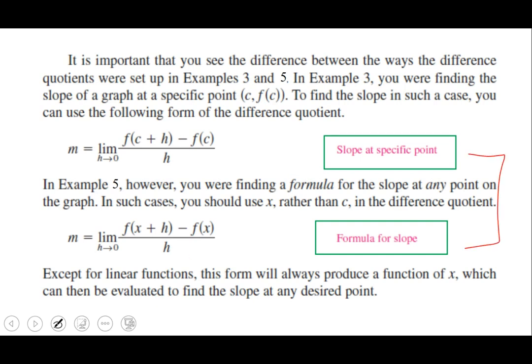The first option is when you're trying to find the slope at a specific point, let's say the point 0.27 or the point 0.84, you would actually use whatever that x value constant is in order to solve the problem. Whereas if they just ask you for the general formula for slope, you're going to leave those x's as actual x's. And if you did virtual homework 19, which I'm sure you did, you'll see that that was kind of one of the main ideas, is making sure that you understood the difference.